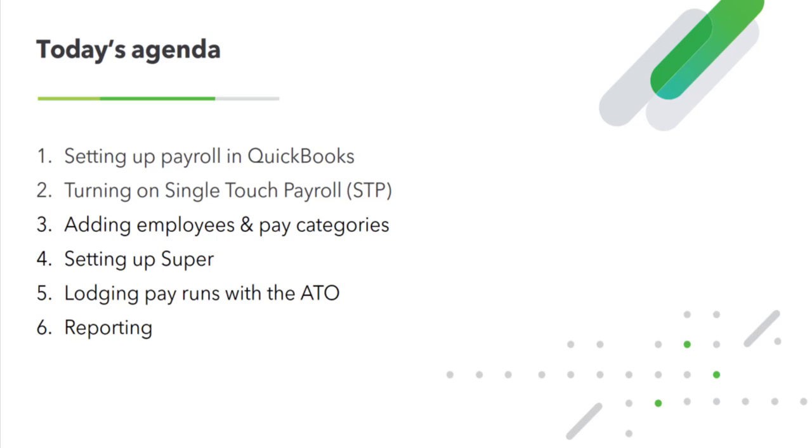We will also be looking at the setting up of super, and you can also pay the superannuation through our Beam Super Clearinghouse through QuickBooks Online, and I'll show you how to do that. And then we'll go right through and actually process a pay run and then a single touch pay event, which will deliver the information to the ATO, and then we'll look at some reporting.